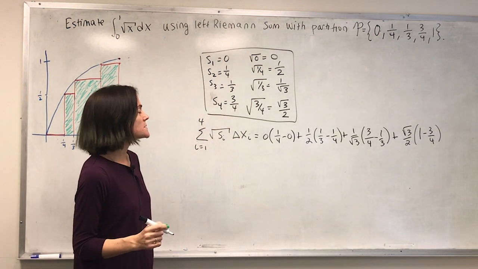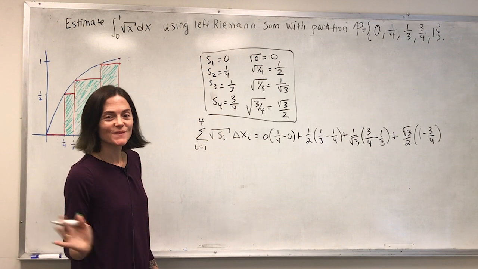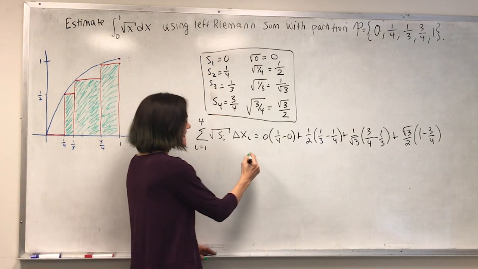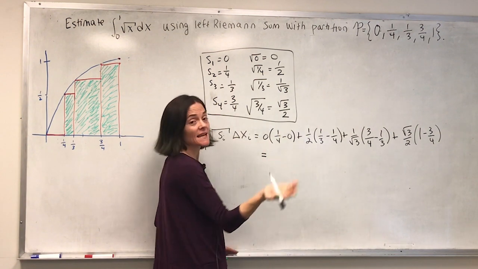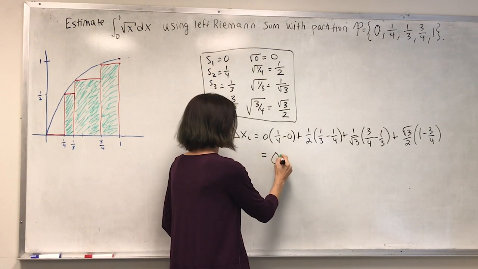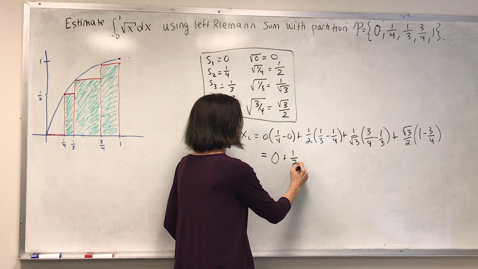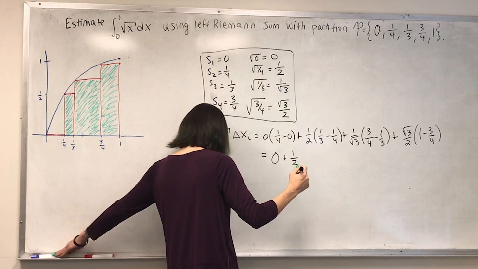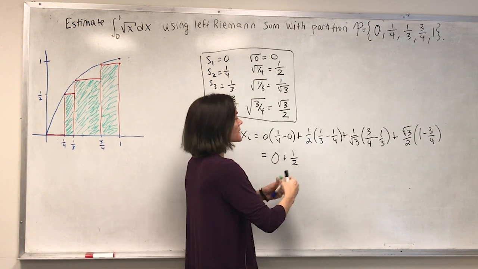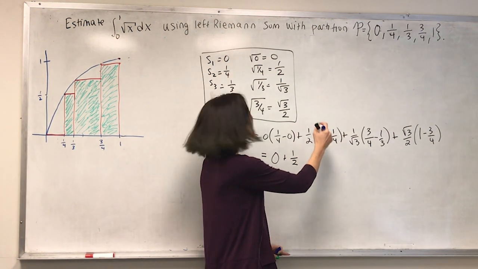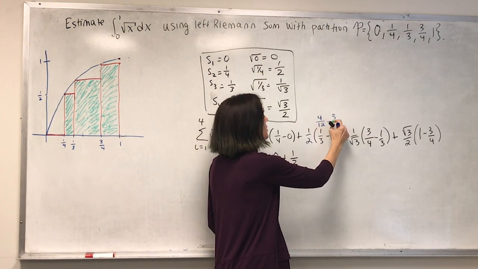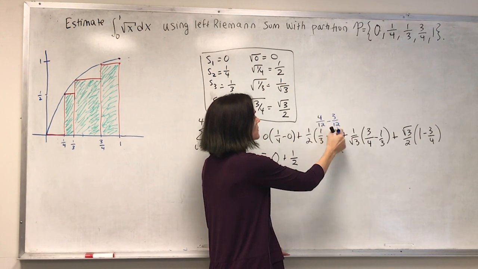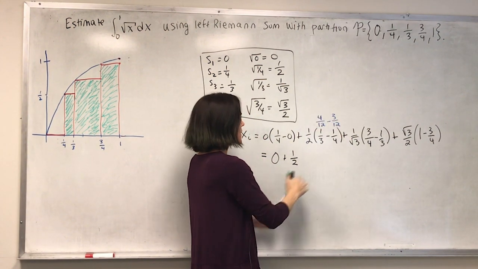Okay, now comes common denominators, fractions, things like this. This first term is the easiest one, 0. Times anything, 0. This one is 1/2, and if we get a common denominator here, you see it would be 12. And we have 4 over 12 minus 3 over 12 here. This gives me 1 over 12.